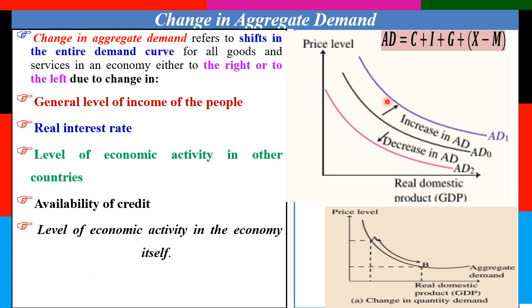But the change in the aggregate demand is due to what? Due to those variables. Those variables make the aggregate demand shift either to the right or upward, or to the left or downward.